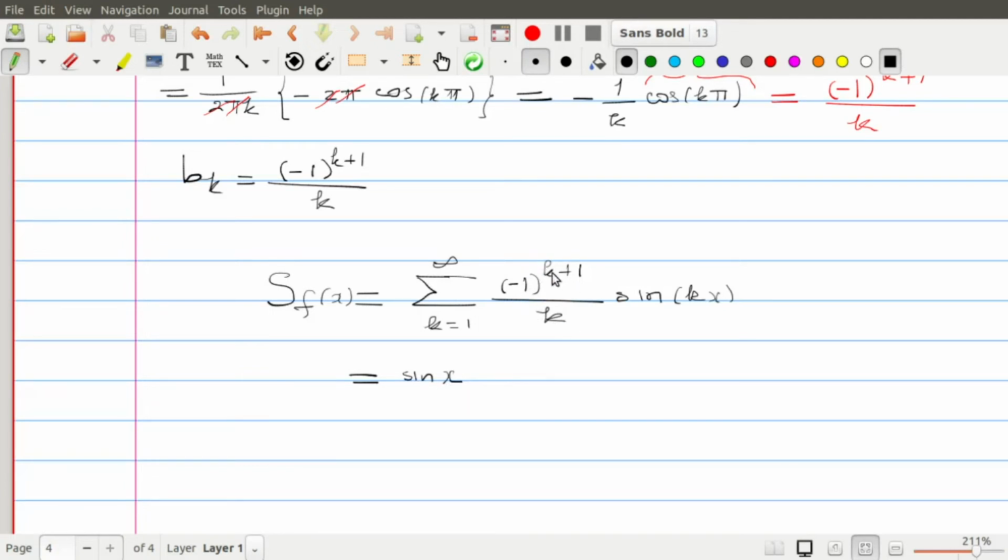Now when k is 2, 2 plus 1 is 3, so there will be a negative here, and then we have sine 2x by 2, plus sine 3x by 3, minus sine 4x by 4 and so forth.